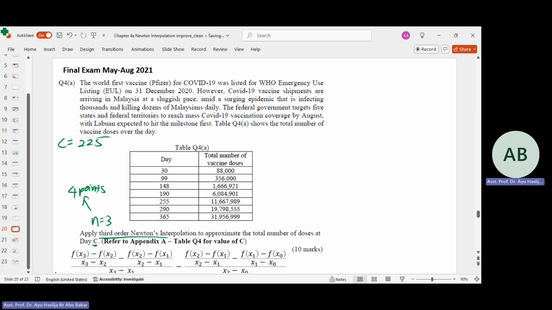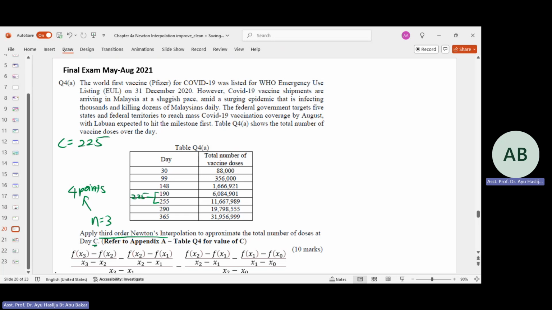C here is your X, so your day. So 2 to 5 is in between these points, correct? The 4 points would start from 190 to 55. You will have a few sets of data to choose points from. Choose these 4. So we can go down first and do that interpolation with 4 data points.